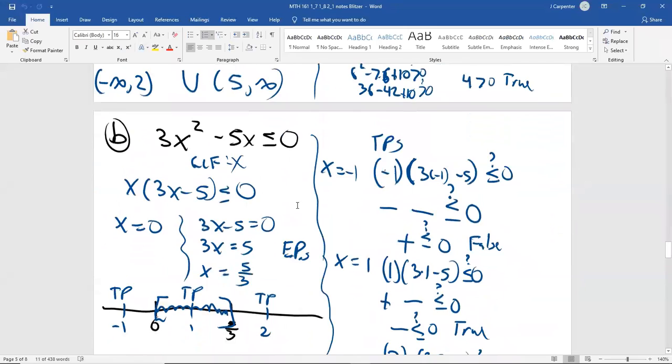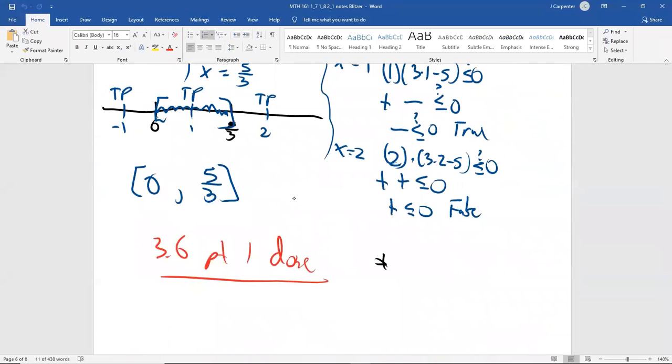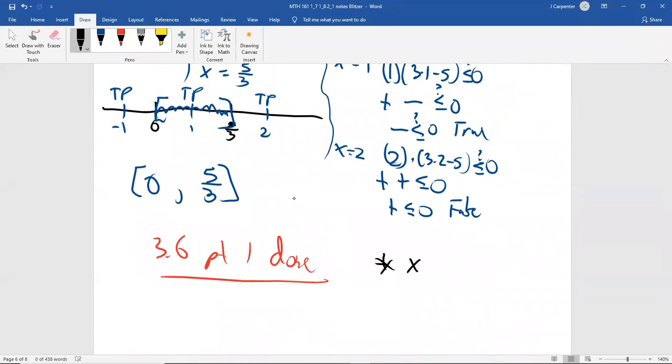While I'm not going to do this example, if you wanted to do something like x squared minus 22x plus 121, you could go bigger than 0, or less than 0, or bigger than or equal to 0, or less than or equal to 0.